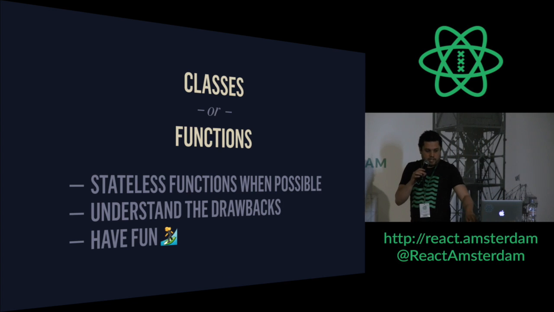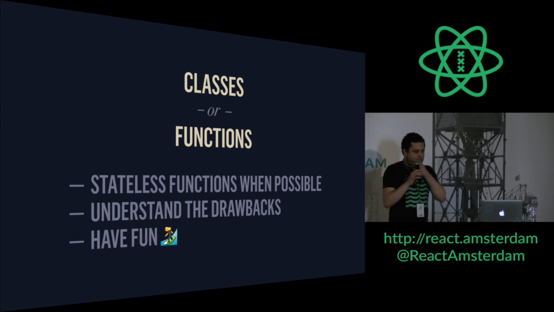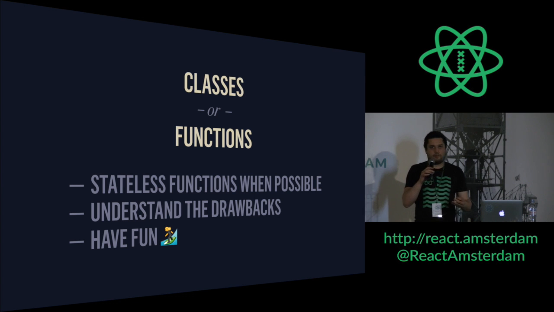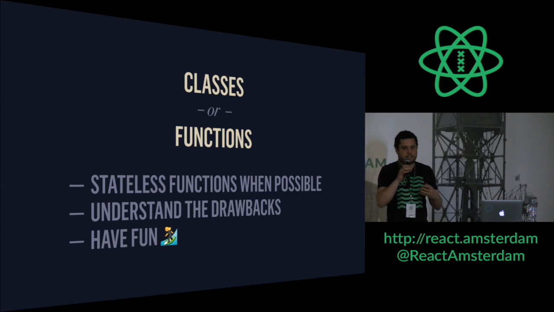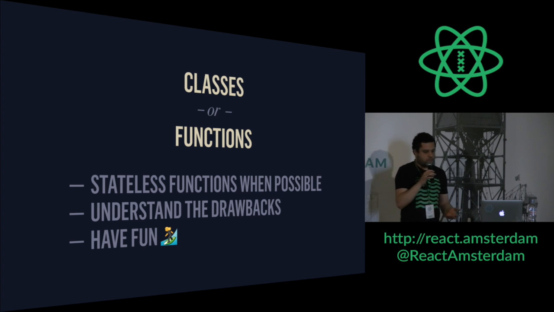So like I say, classes or functions, when possible, write stateless functions. To be honest, sometimes if I'm not sure, I just start writing as a class, then you can always convert later to functions. Understand the drawbacks of each one.